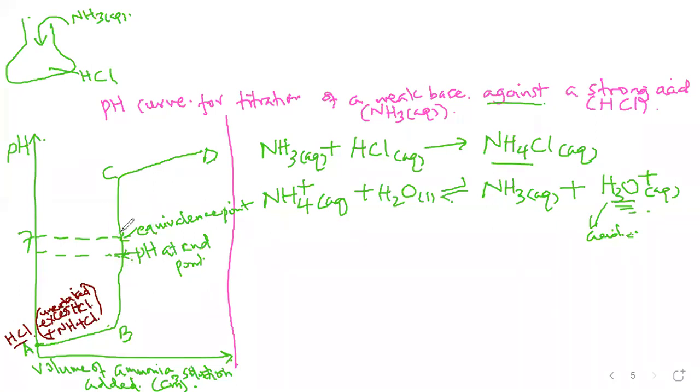I told you should be very careful. In this graph, there's always where we talk of a buffer solution. Now, along this region BC, there is the end point. So what we have there is only ammonium chloride and nothing else, because the reaction is complete, end point has been reached. We shall say pH at end point is due to that, as we shall see later. Then along CD, what do we have there?